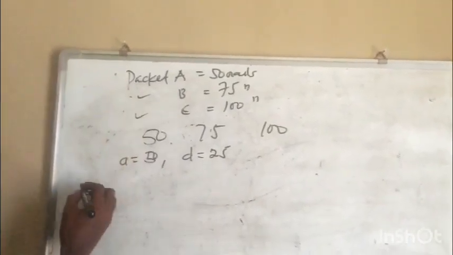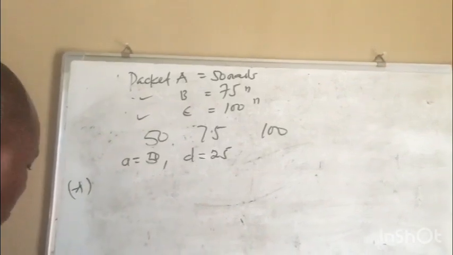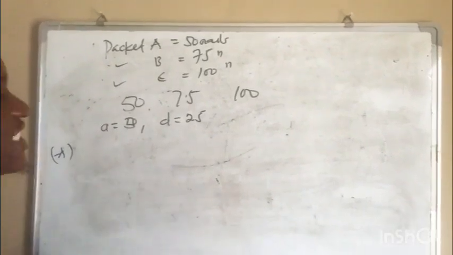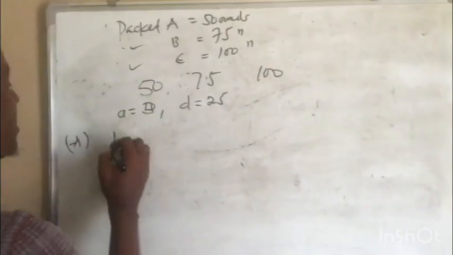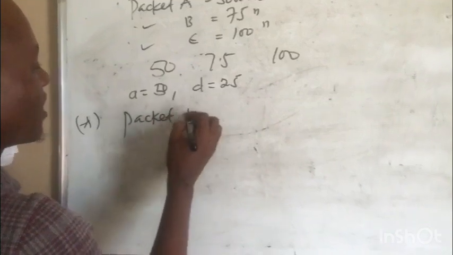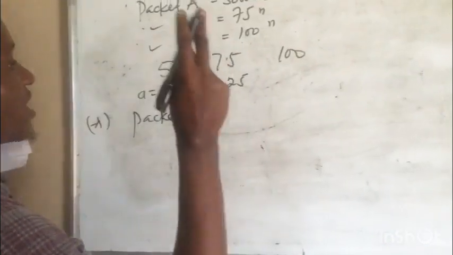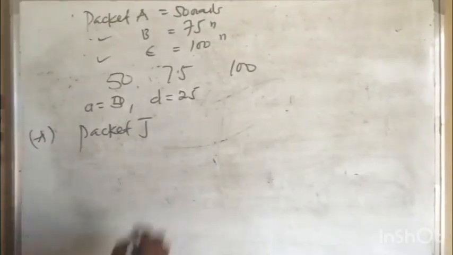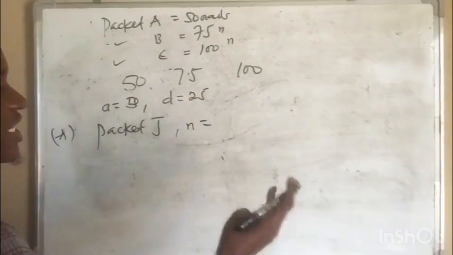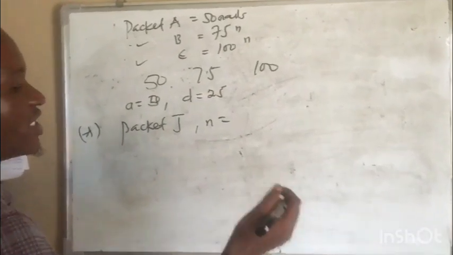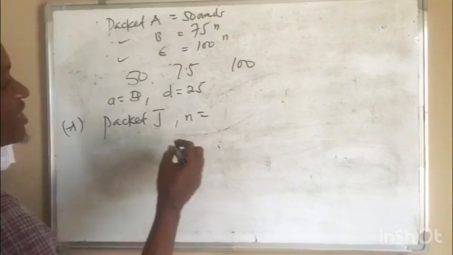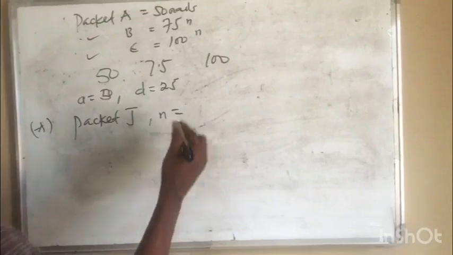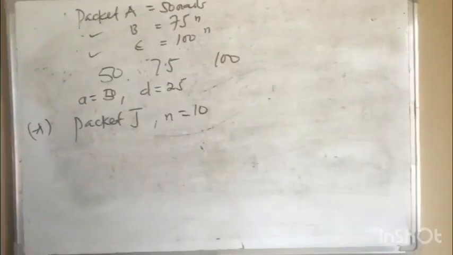Now, part A of the question is saying find the number of names in packet J. What is the number of terms for packet J? Packet A is 1, packet B is 2, so n is 2 there. For packet J, if you count A, B, C, D, E, F, G, H, I, J, that would be 10. That means my number of terms there is 10.